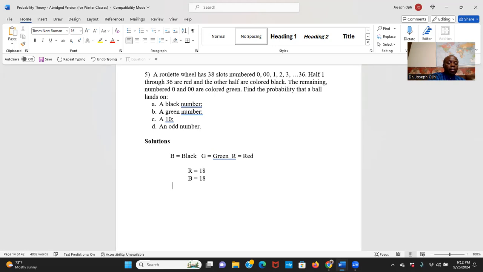So for green, there are 2 of them, 0 and 00. That means the total sample space will be the total of these.